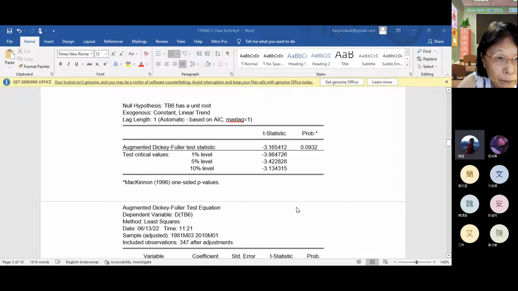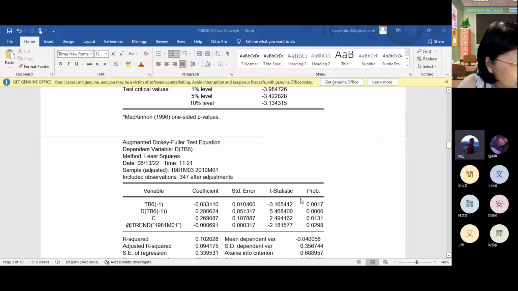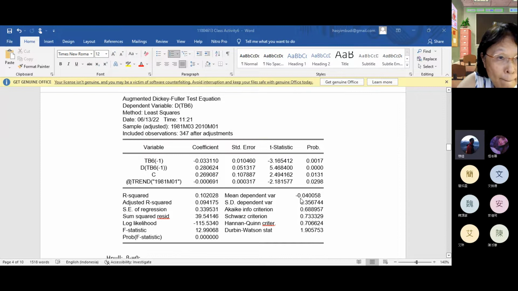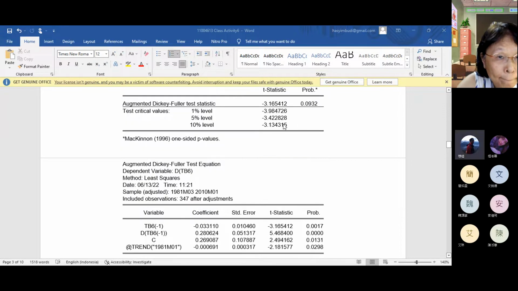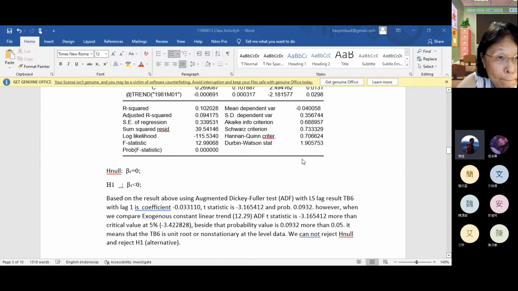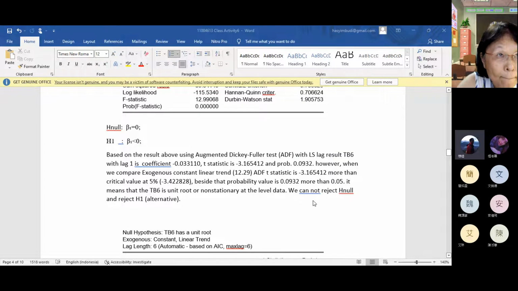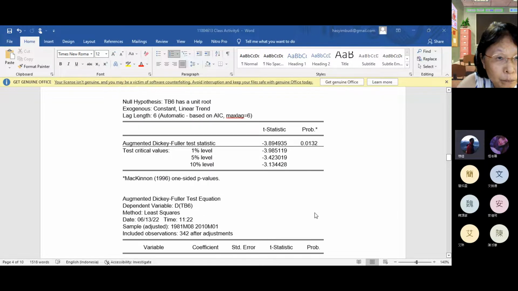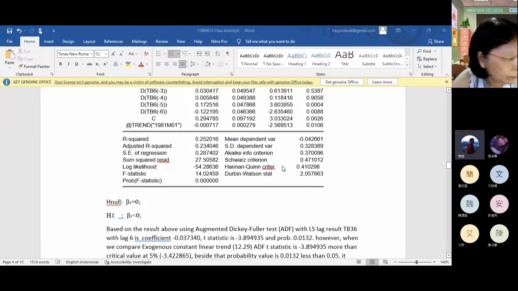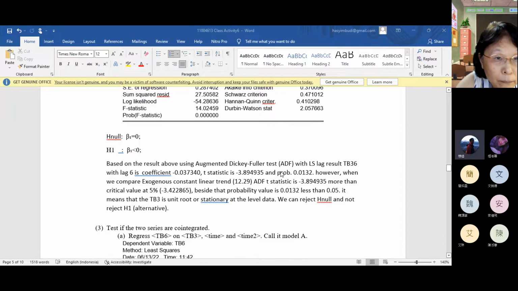When I use again lag 1 for the unit root, it is not significant at 5%, so we cannot reject the null and reject the alternative. And when I use lag 6, it is significant at 5%, so I reject the null.